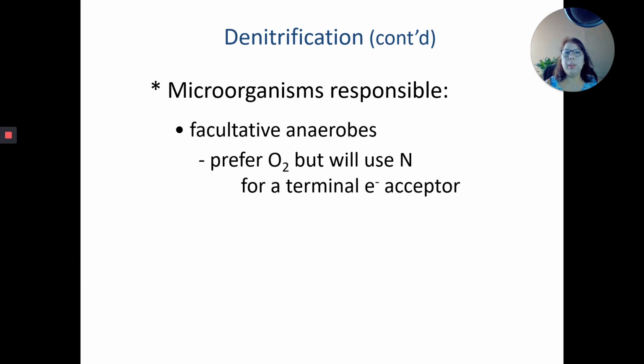Now, this is the biological component of denitrification. So again, what are the microorganisms responsible here? The anaerobes. The anaerobes do not require oxygen for growth, but rather they also do not grow in the presence of oxygen.